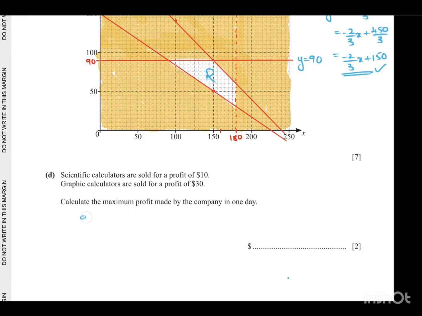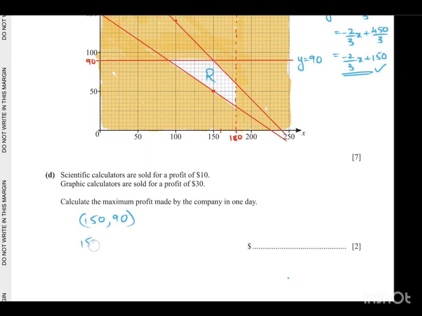Okay, so 150 and 90, we have to find out the maximum profit made. So the 150, 90 coordinate. Number of calculators: 150 are the scientific calculators.